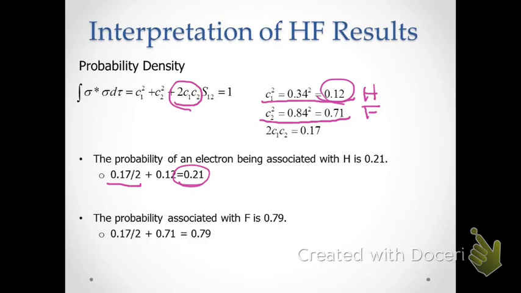And in the bonding orbital, the probability of the electron being associated with the fluorine, again, is 0.17 divided by 2 plus the 0.71, which gives it 79%. So essentially in HF, there's a 79% probability that the electrons are associated with the fluorine, a 21% probability that it's associated with hydrogen. This should make sense given that fluorine is much more electronegative than hydrogen, and we're going to see that shift in electron density toward the fluorine as a result.